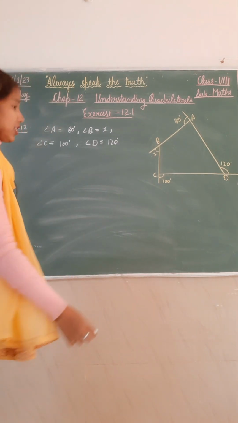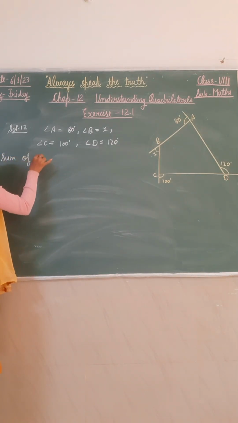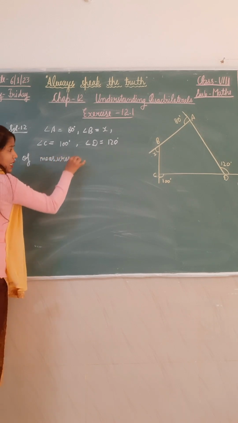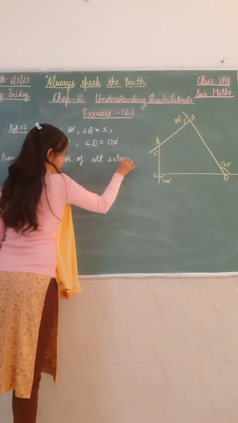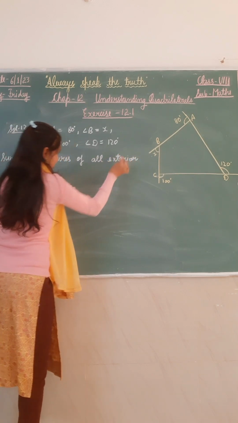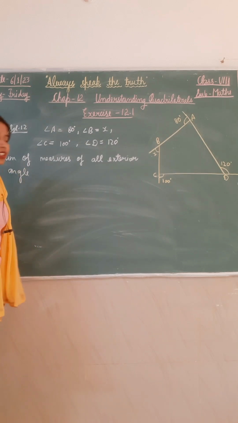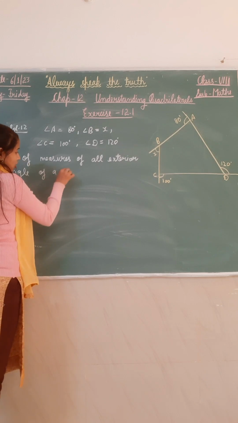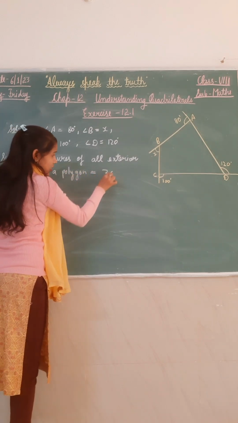So sum of measures of all exterior angles of a polygon is equal to 360 degrees.